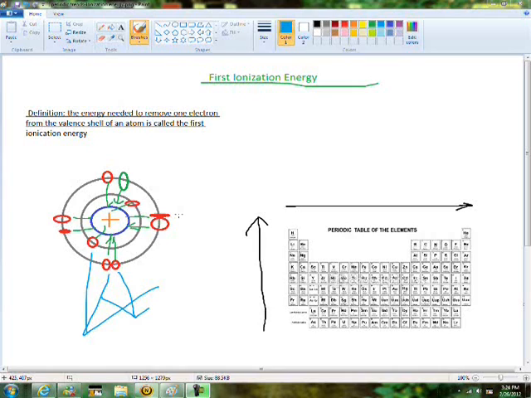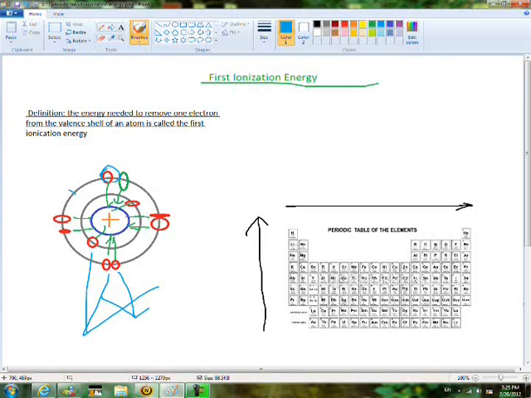How easy it is to do this depends on two different things: the number of shells and the number of electrons. If there's more electrons, there's going to be a stronger force trying to bring them to the nucleus, so it's going to take more energy to take it apart. That explains why it increases to the right, as there's more electrons as you go to the right side of the periodic table.